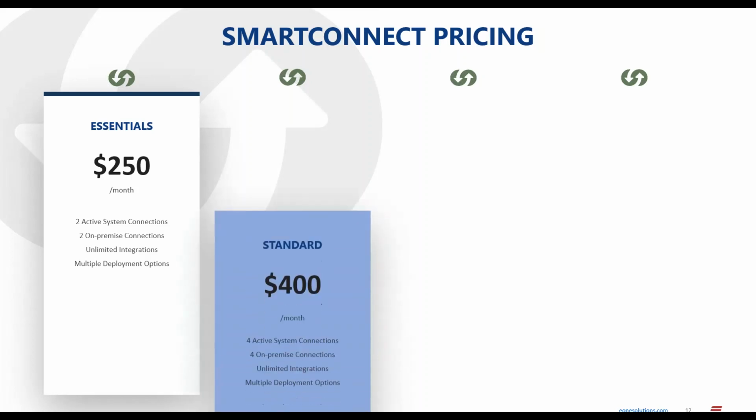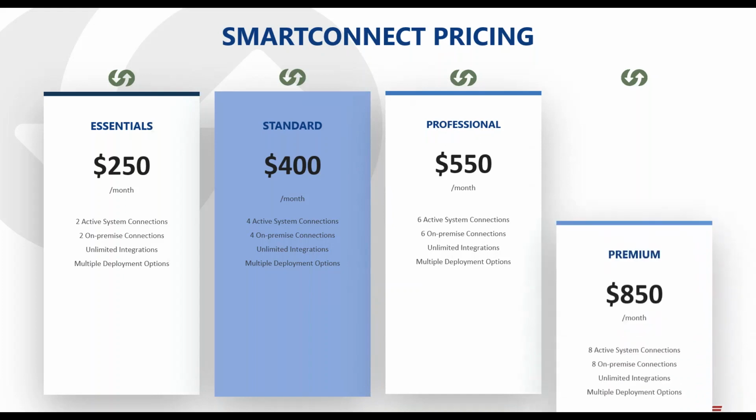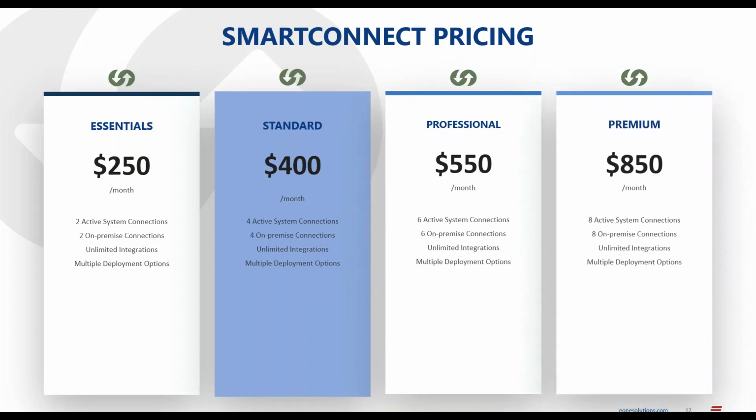Let's talk about pricing and how you position it to your customers. So just for reference, these are US prices, okay? We do have different price lists on our website based on different currencies. My recommendation when we're recommending SmartConnect is to sell at least the standard level, okay? If you're not quite sure on how many connections, I'll touch on what a connection is in just a bit here.